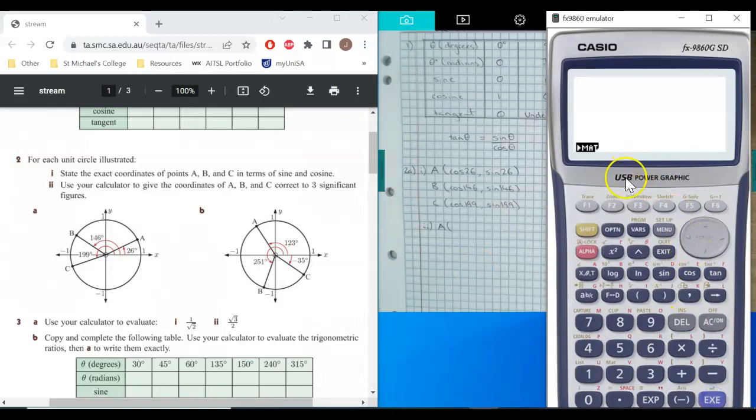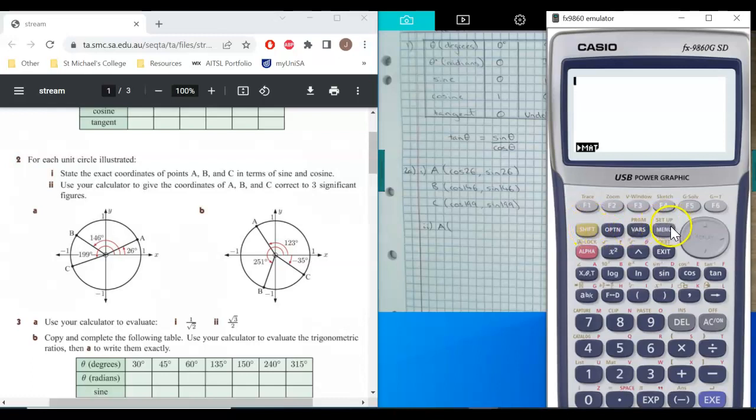The first thing that we need to check is, because we're converting each of these exact values into a decimal value, all of these are given in degrees. If these values were given in radians rather than degrees, then there's a certain setting on the calculator we need to use. But because they're all in degrees, let's check our setup.